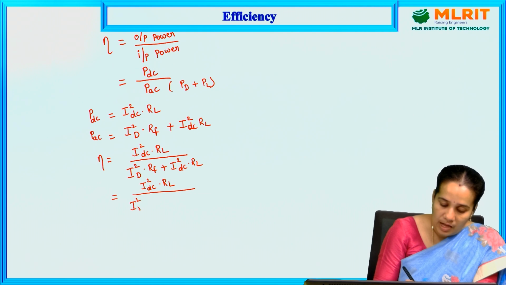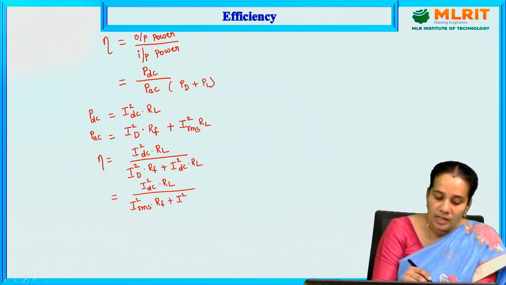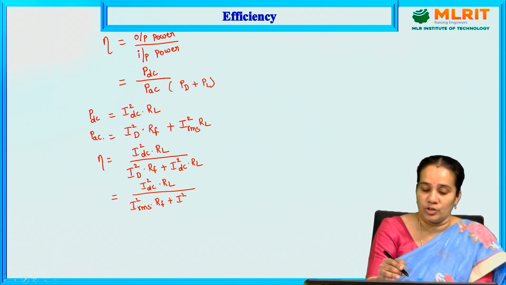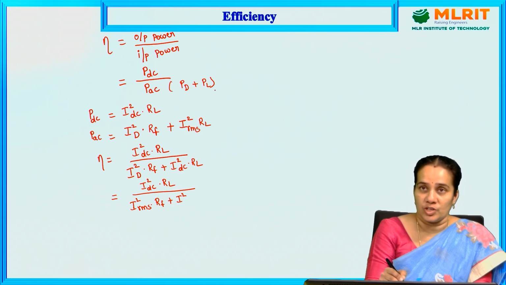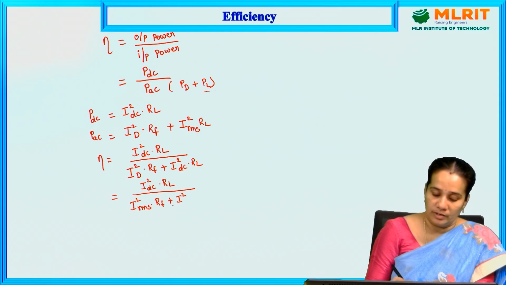We are calculating AC power, which is the combination of diode power and load resistance power. Diode power is I square RMS into RF, and at the load resistance it is I square RMS into RL.